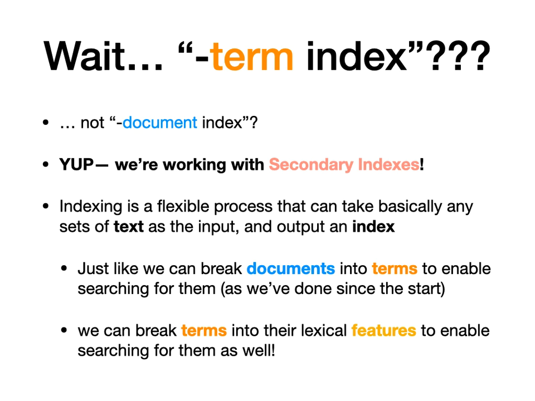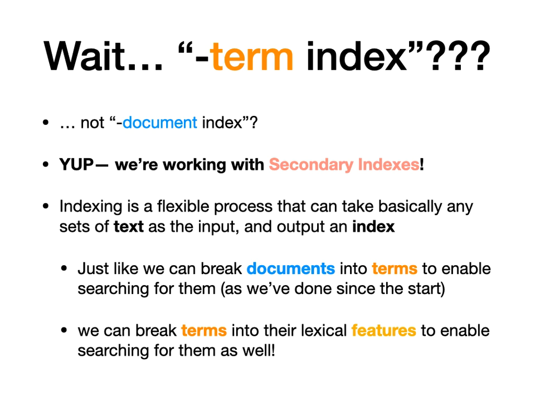Wait a second. A term index? Not a document index? Exactly. This introduces the idea of secondary indexes. As I've mentioned a few times, indexing is a really flexible process that can take basically any set of text as the input, and it will give you an index.